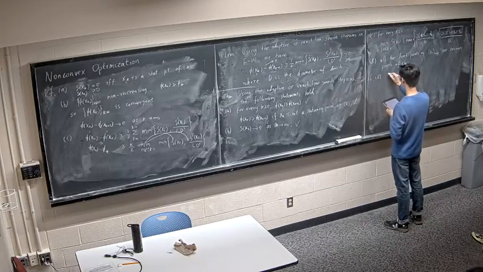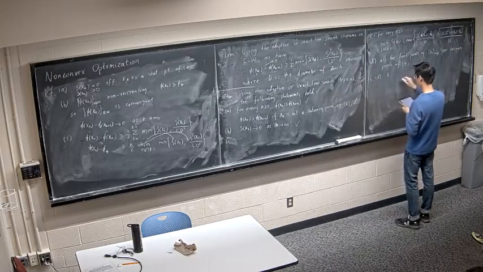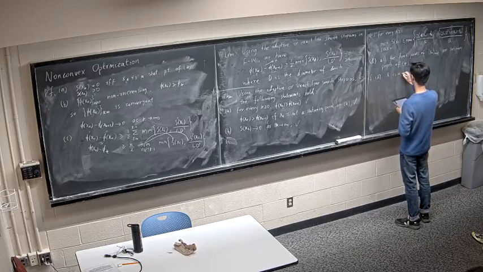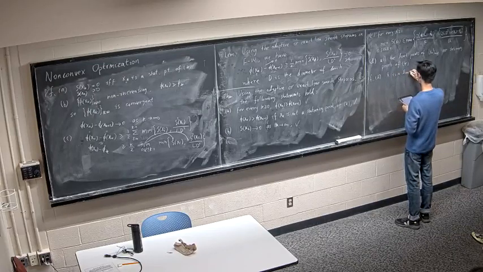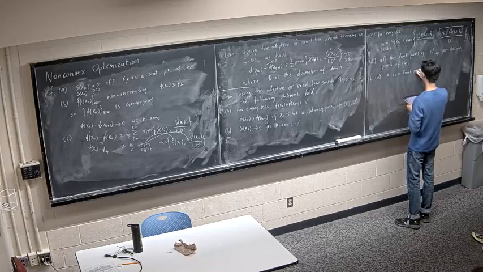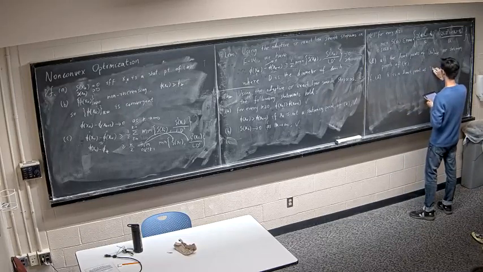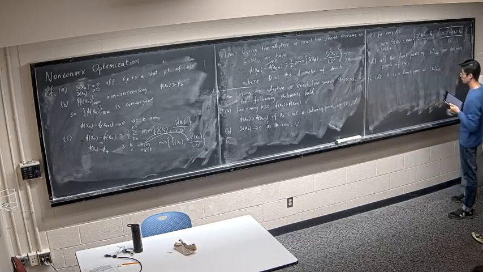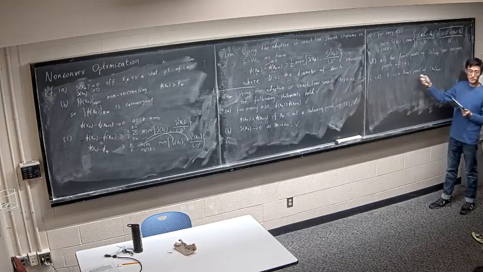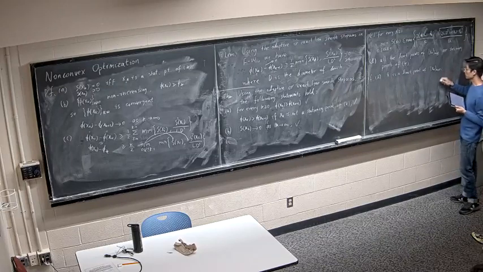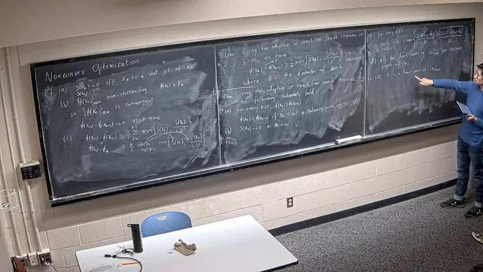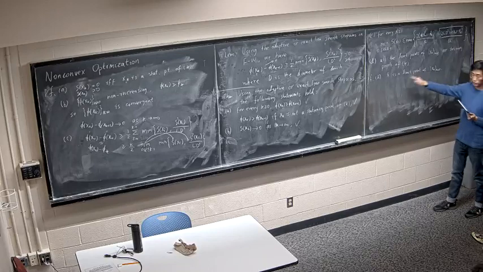So let's assume x bar. We assume this x bar is a limit point of the sequence. And because this is a limit point, there must be a subsequence that is converging to this x bar, right?